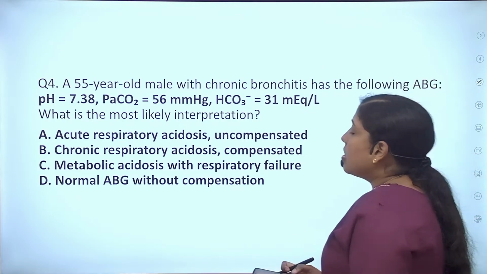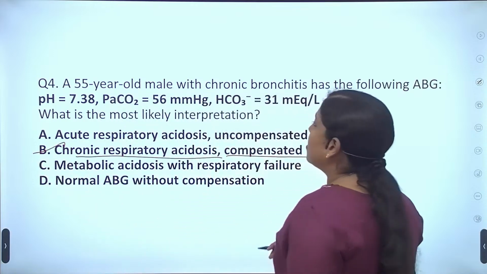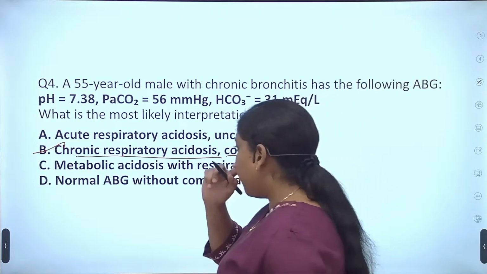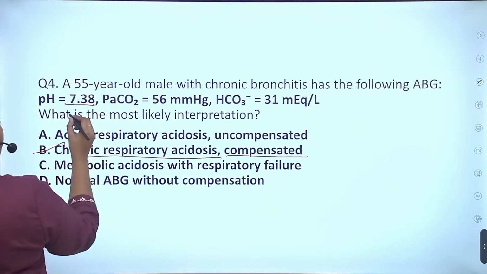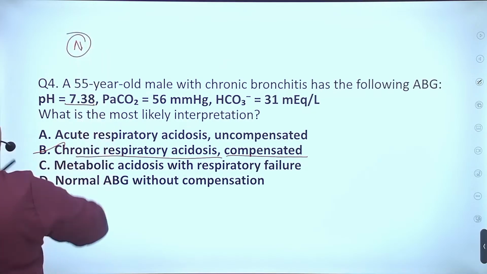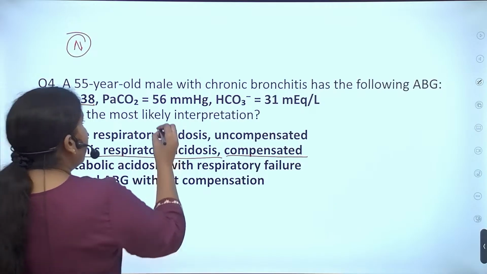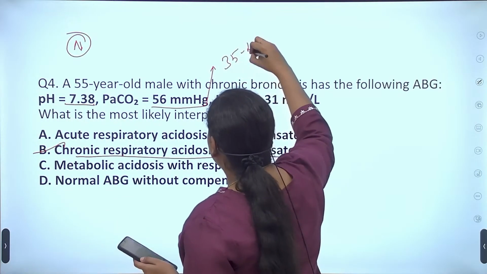See, the answer is chronic respiratory acidosis, compensated. Here you can see the pH 7.35 to 7.45, so it is in the normal range. And the PaCO2, the normal is 35 to 45, but it is quite higher.